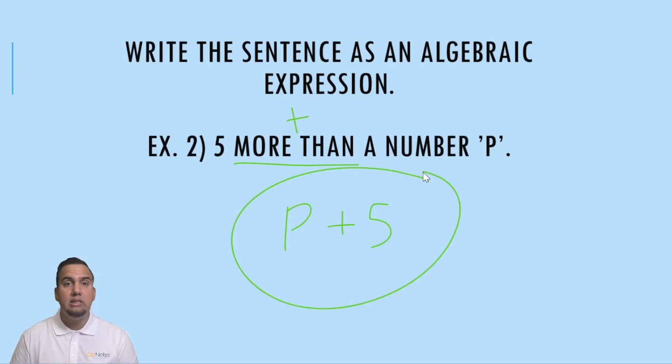So how do I write this algebraic expression? 5 more than the number p is simply going to be 5 more than in the back. What's in the front? The letter, which is p. p plus 5. Now, why is that? Let's come up with a scenario. I have $5 more than Paul. Well, if someone was listening to our conversation, they'd ask, how much money does he have? They'd never know.